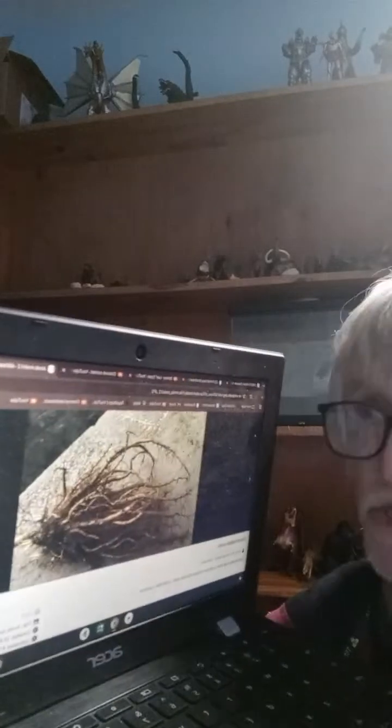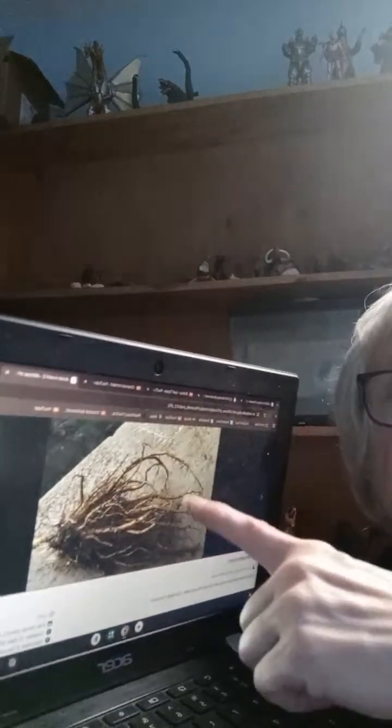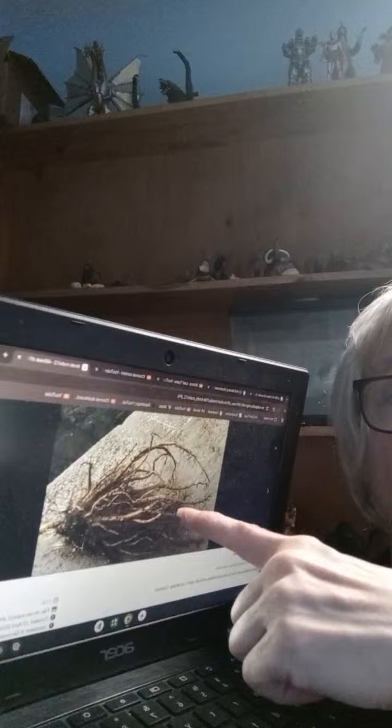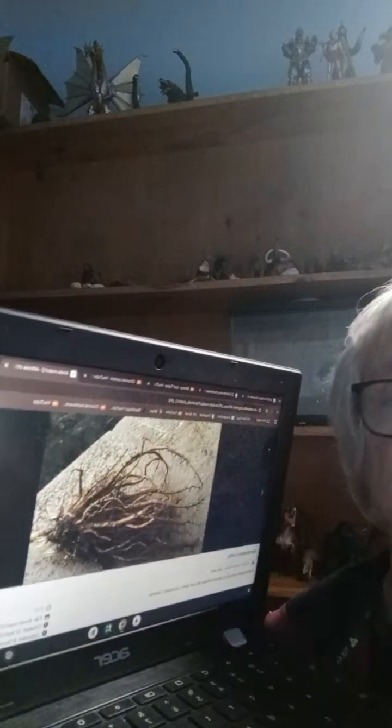Very pretty flower. It sort of reminds me of hibiscus. Now, when we talk about marshmallows, originally they were made from the roots.